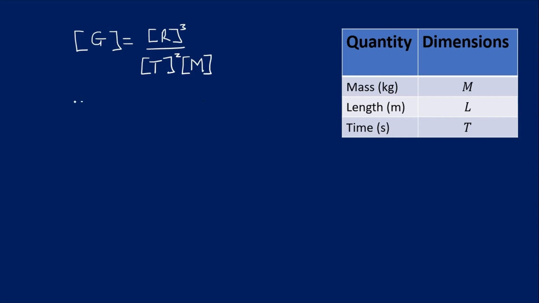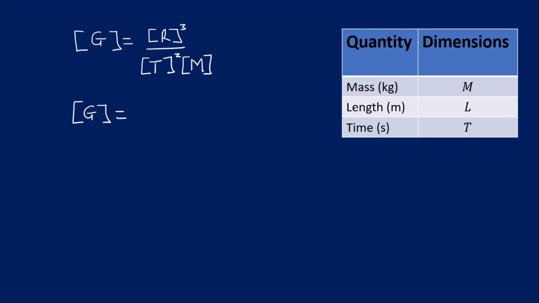So the dimensions of G is equal to, now the dimensions of r, we know that r is radius, and radius is the same as length or distance. The radius is the length or distance between the center of a circle and the circumference.